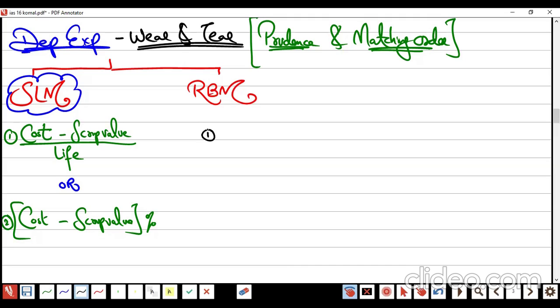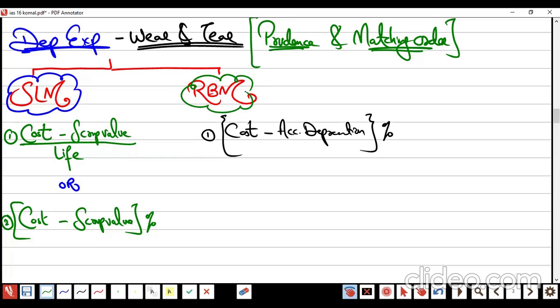For the reducing balance method, the formula is cost minus accumulated depreciation. Accumulated depreciation means all the previous depreciation, the sum of total depreciation charged till today. Only one formula for the reducing balance method. Till here, any problems? No. Okay, that's easy.